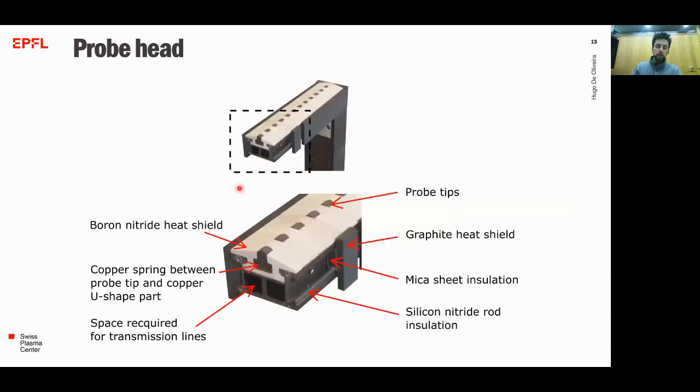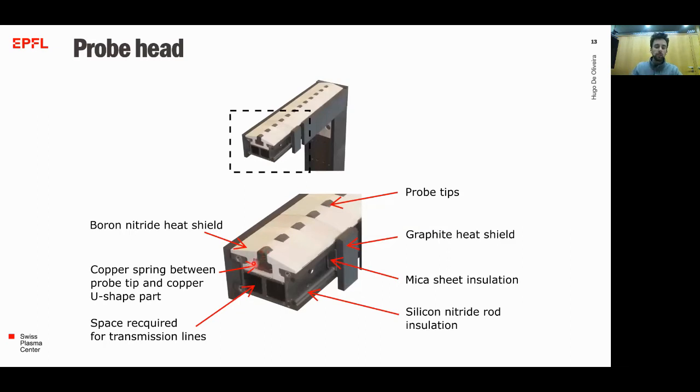So now a detail of the assembly. The probe tips have a so-called rooftop shape, with one side of the roof looking at the upstream plasma and one side of the roof looking at the downstream plasma. In between the downstream and the upstream probe, there is a thin sheath of mica that insulates both sides.